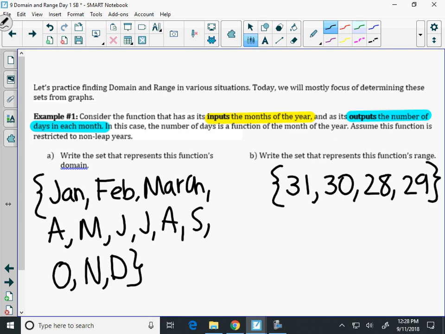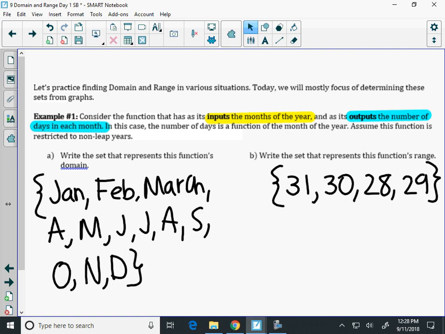How come nobody's learned that? Nobody knows that anymore. It's 30 days have September, April, June, and November. All the rest is 31, except February. February's special. But do I need to list all the 31s or all the 30s? No, I don't have to list all of them. I just have to say these are the only outputs that I can have. So if I pick one of these values from my domain, one month, I have to get one of these days of the month in my range. And that's what the sets represent.